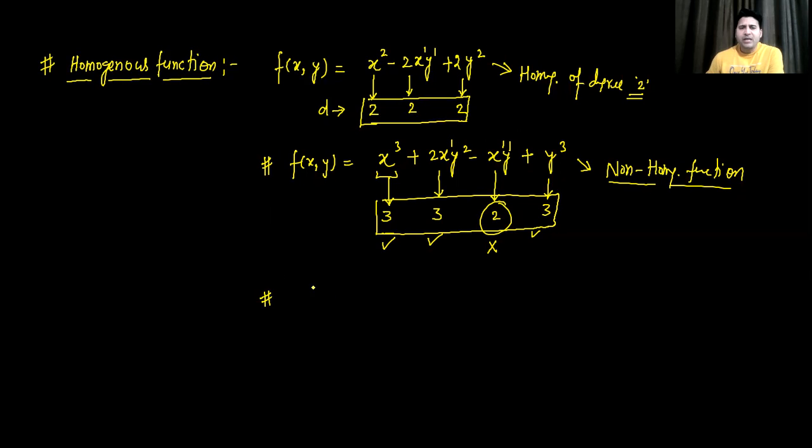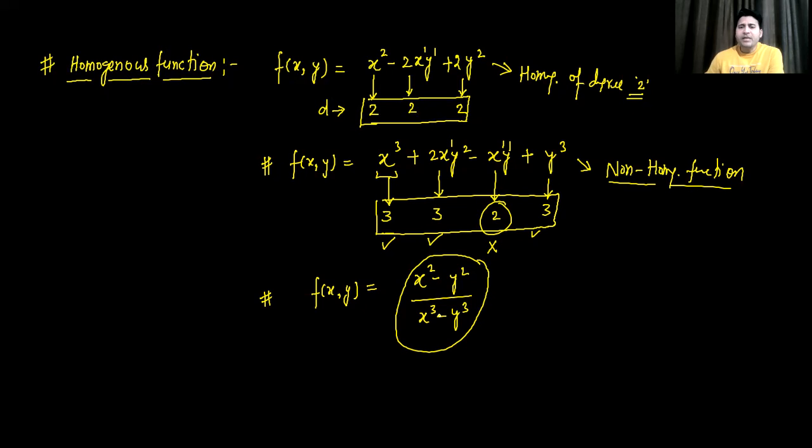But suppose I have a function like f of xy equals x square minus y square over x to the power 3 minus y to the power 3. This is a fraction function because its denominator is not 1. Now, how do we check whether this function is homogeneous or not?